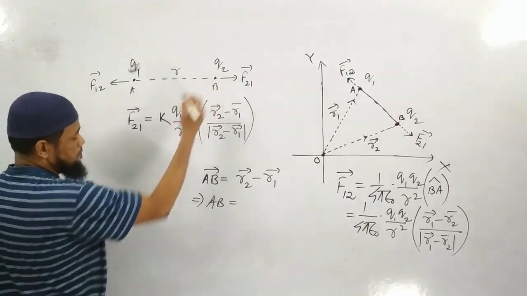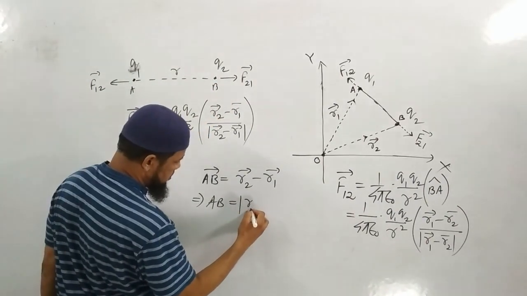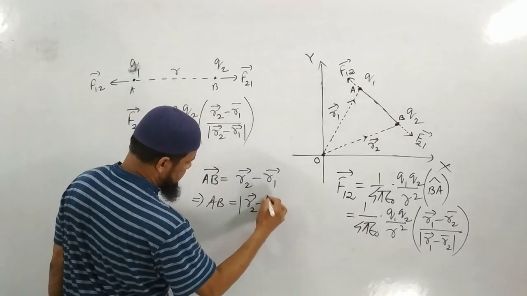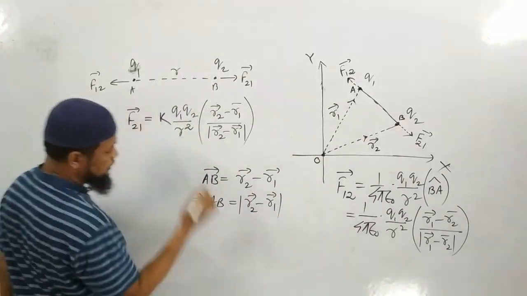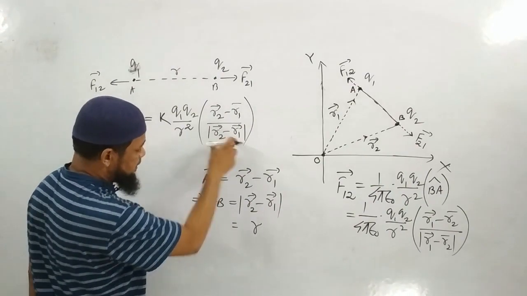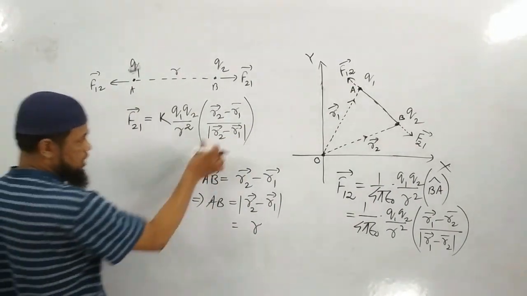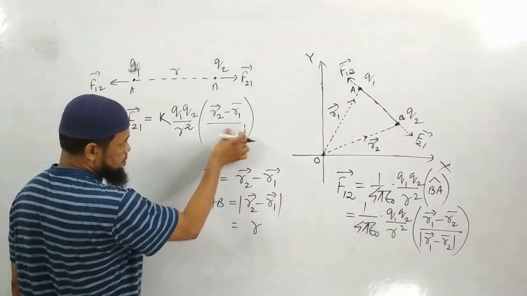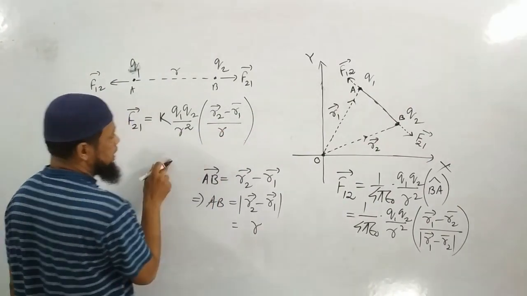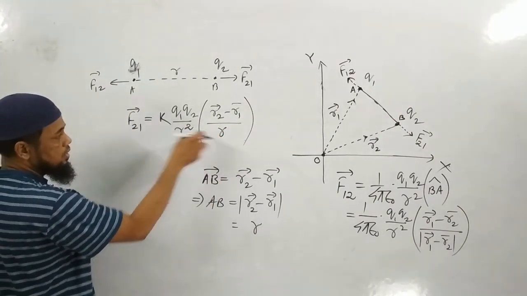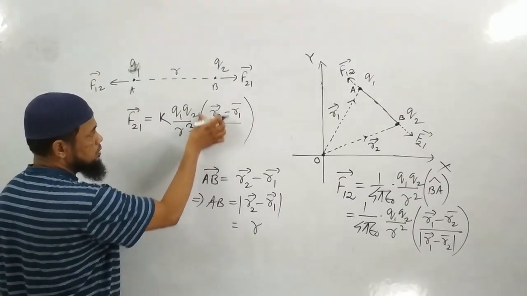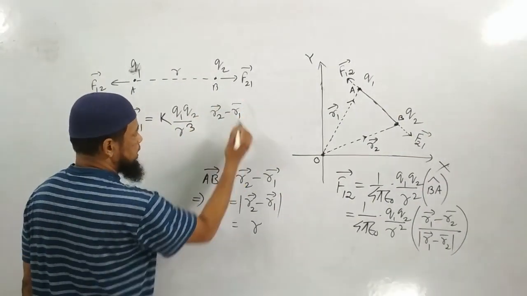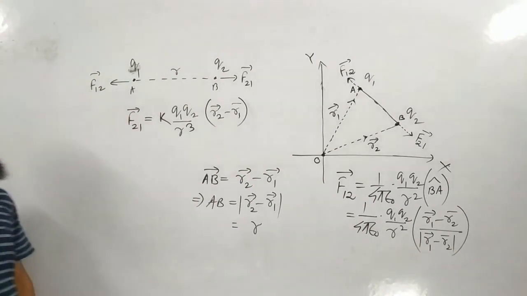In this particular situation, AB is considered equal to R, so you can replace this by R. Then finally we get R cube in the denominator.